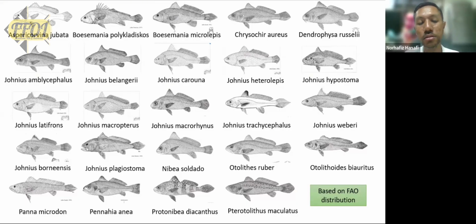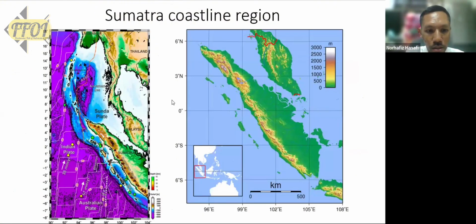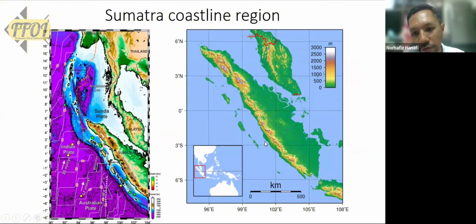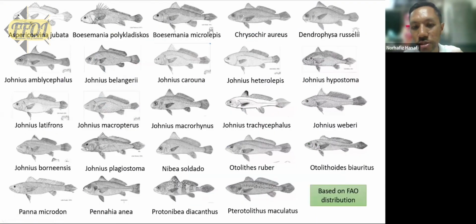You have a lot of work. So you can see on this side you don't have much Scianidae. You have not so much Scianidae because this is deep water. Yeah, deep water. So you have a lot here, stretching from here to above. So this is our big task for Sumatra. Based on FAA distribution, this is the information we have.